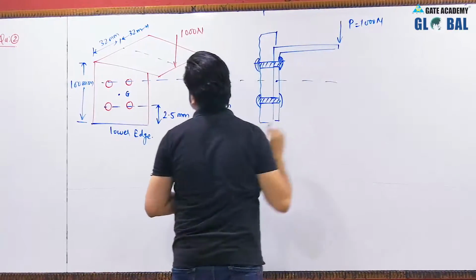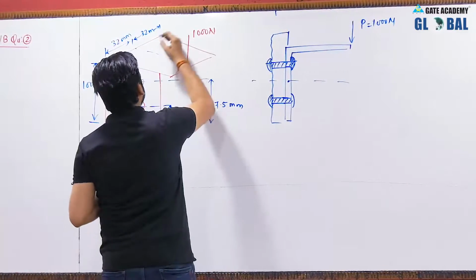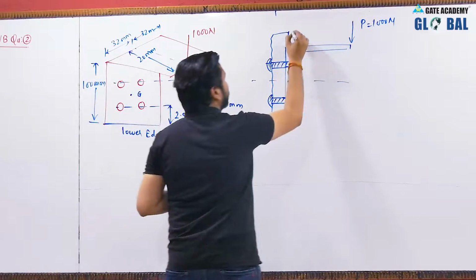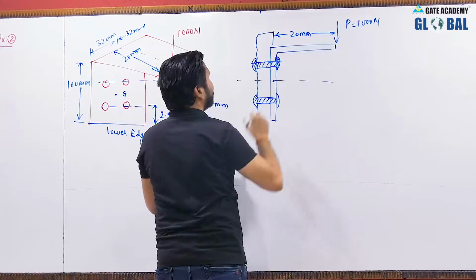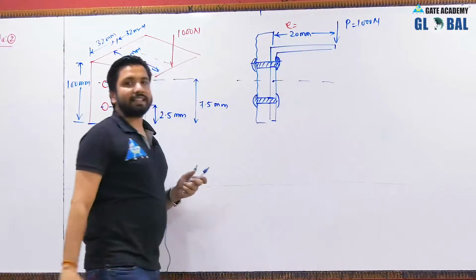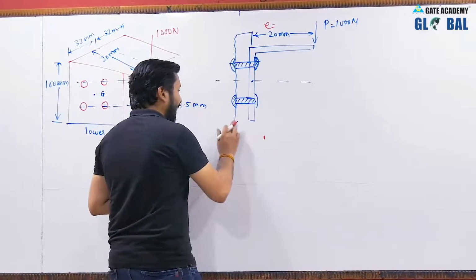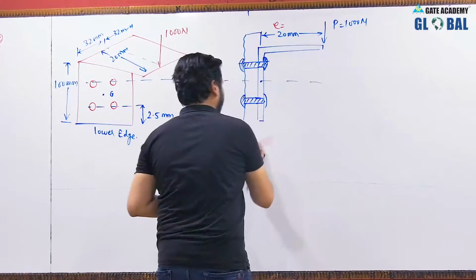This distance is 20 mm, this is the eccentricity E of the load. Now what will happen, due to such loading on the riveted connection, there will be two types of stresses.